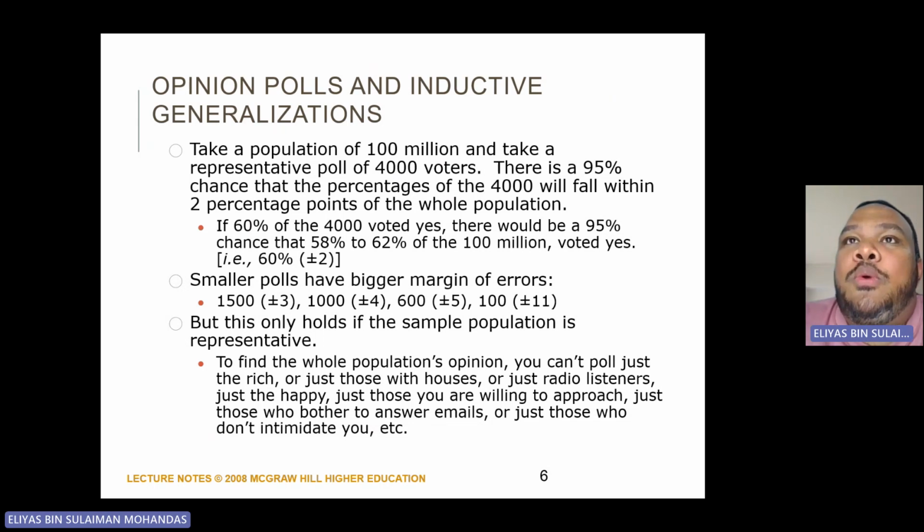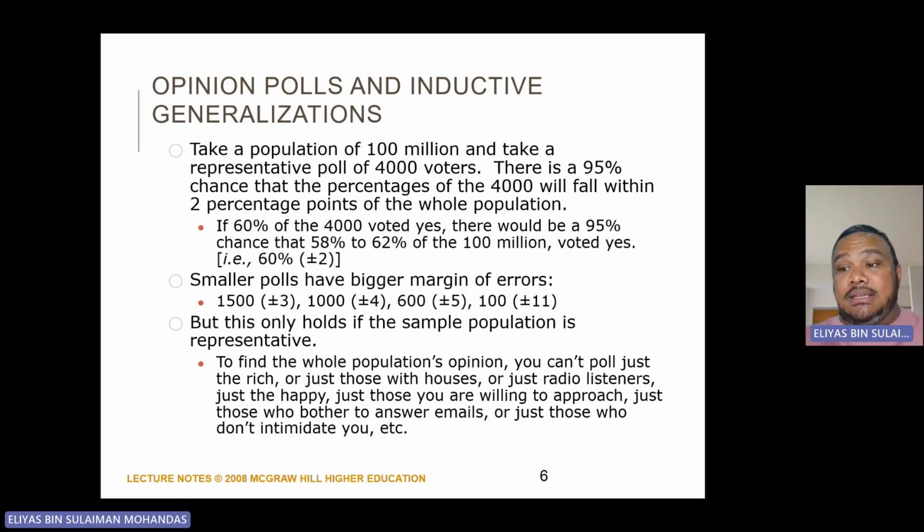Tapi when I distribute the questionnaire, I use Google Form. So these 230 voters, they have access to the internet, they have access to a laptop. But is it representative? What about those who do not have access to the internet and laptop? They are not represented in those 230 voters too.